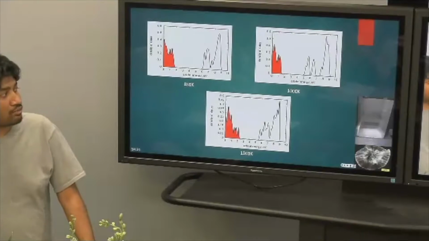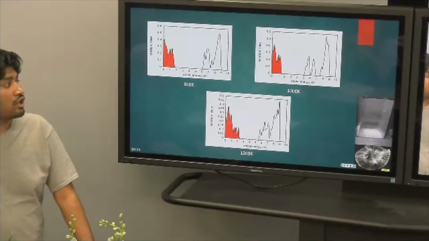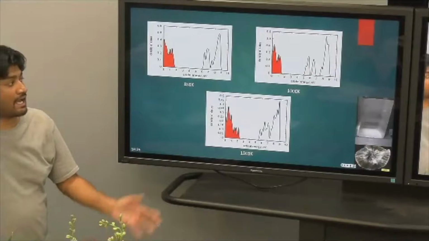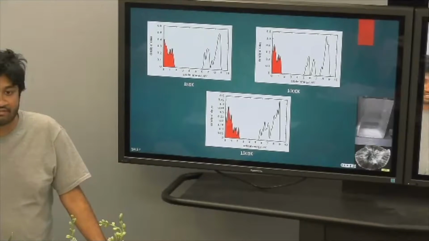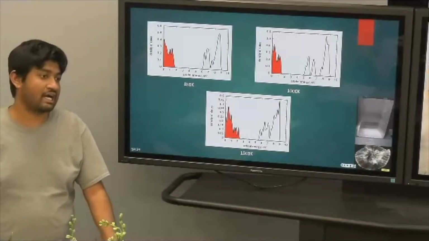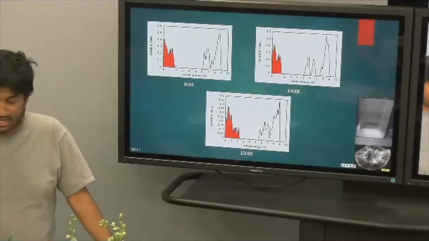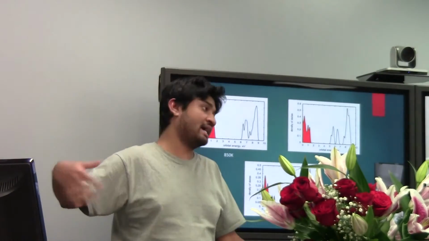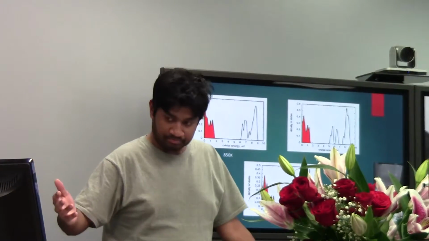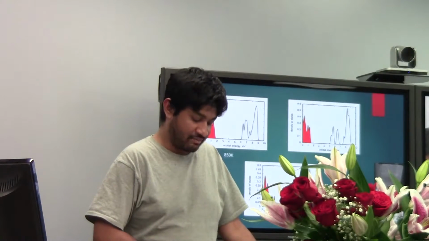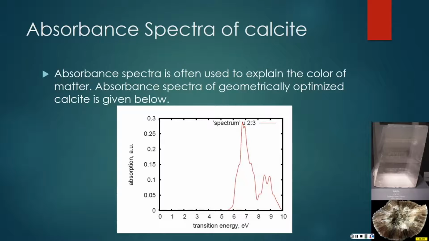Because the thermal decomposition of calcite completes at about 900 Kelvin, after that, if the MD is done, you can find the significant HOMO-LUMO gap. And if you do the MD at higher temperatures, that energy gap is supposed to decrease.